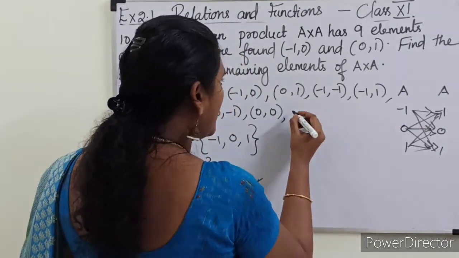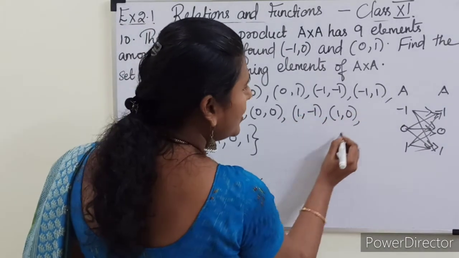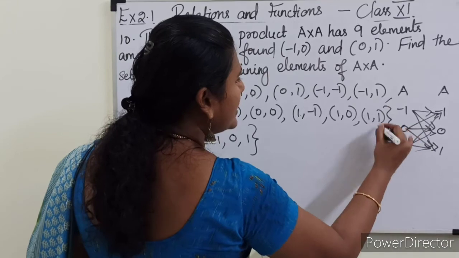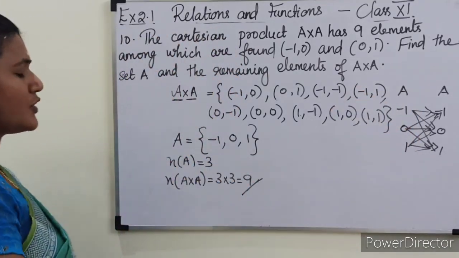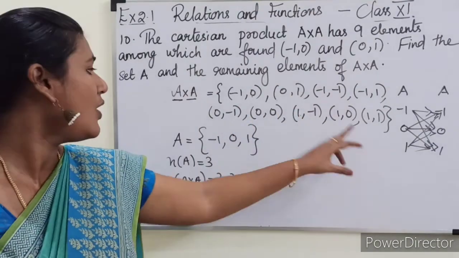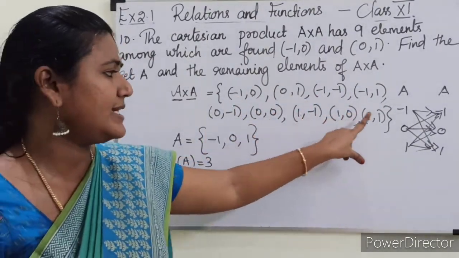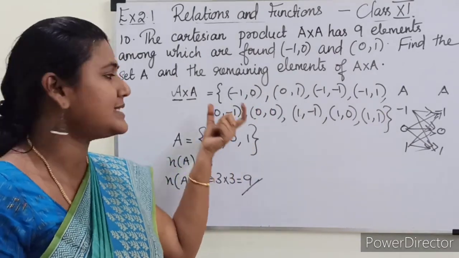Now (1, -1), (1, 0) and (1, 1). So these are the remaining elements of A cross A. Now if you count 1, 2, 3, 4, 5, 6, 7, 8, 9, we got 9 elements in A cross A.